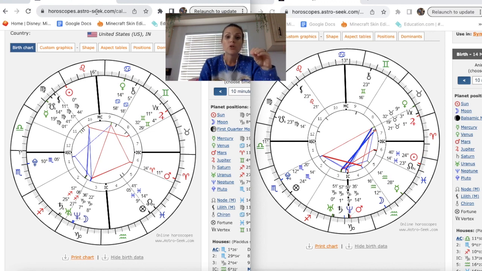If you are using this and you don't know the rising sign of either yourself or someone else, don't sweat it. Knowing the sun sign is more than enough to get you the sun sign, and most likely the moon sign, and then your celestial bodies.